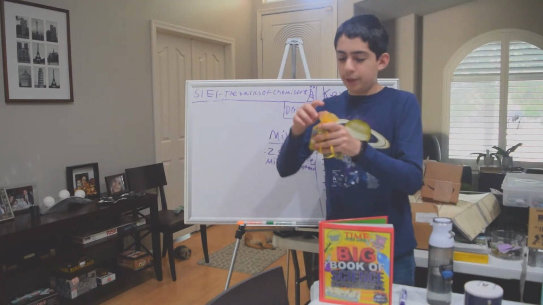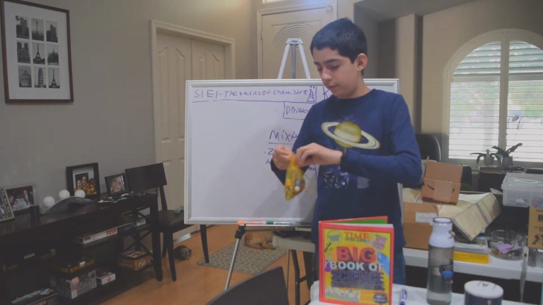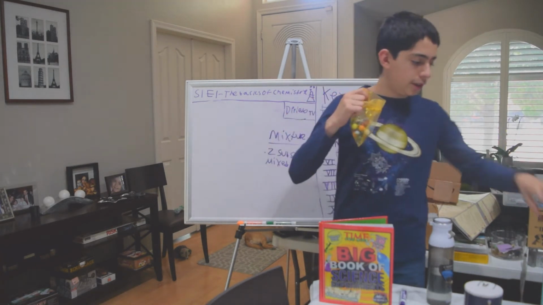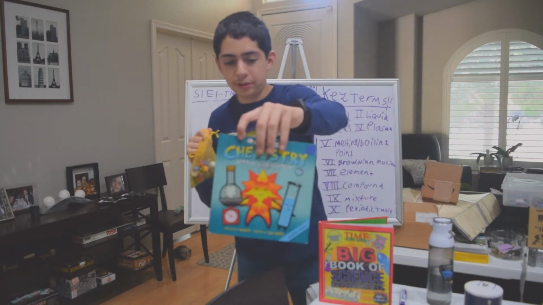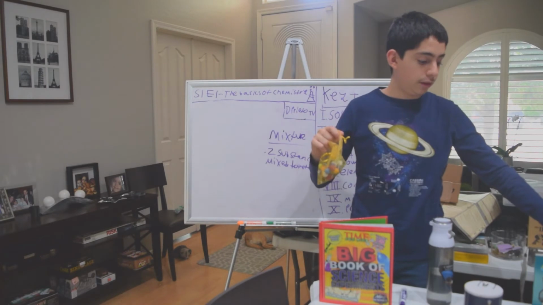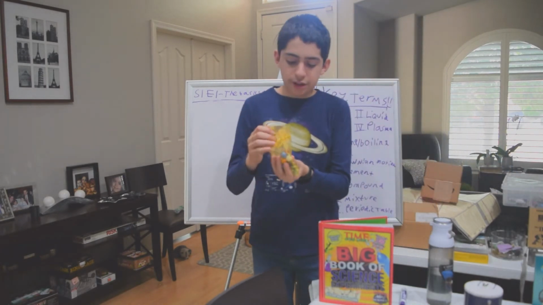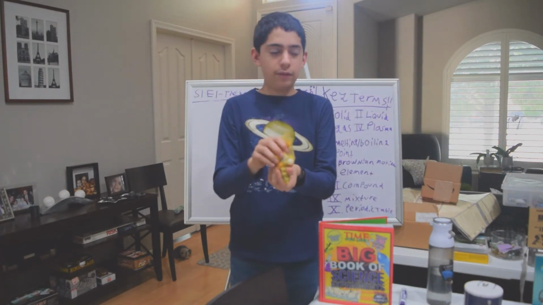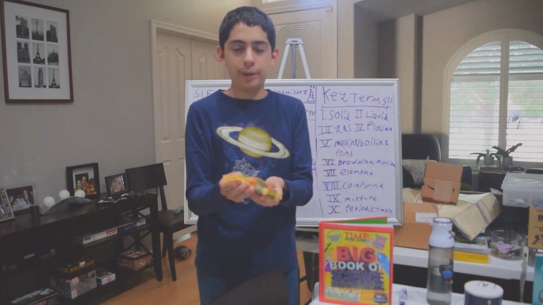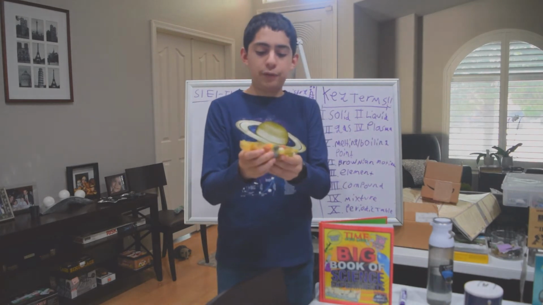An example of a mixture: I have this little bag of marbles. I saw it in a book called Chemistry by Basher, and I'll have a link down in the description if you are thinking about buying it. The book said a bag of marbles is a really good example of a mixture because they're not fused together.